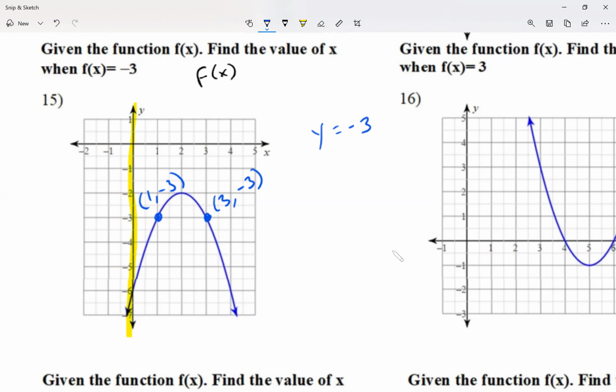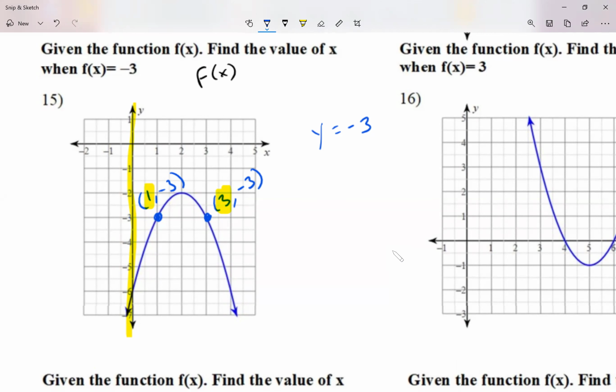Okay, so now here I'm asking, what is the value of x on both points? Now, before we start, right now we're going to be looking at those two values. I'm just asking for the x value. So my answers are going to be 1 and 3. So I have 2 points. Now we're going to write them in order, the smallest number first. So in this case, 1.